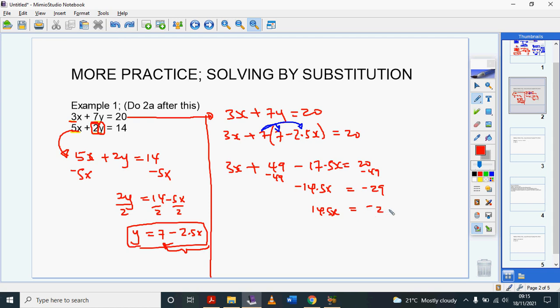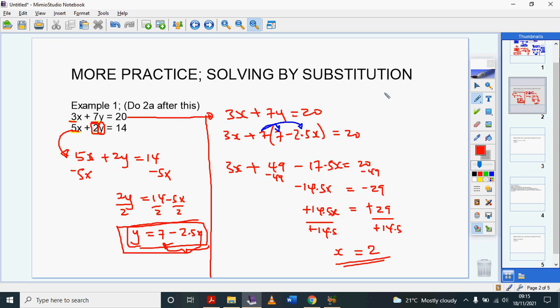And I will divide by negative 14.5 on both sides. And I'll end up getting x is equal to, let's see, 29 divided by 14.5 is 2. And it's positive because these two negatives cancel out. So after getting the x value, I'm going to substitute it into this expression to get the y value.